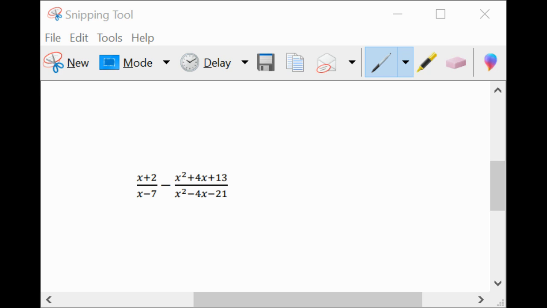So here I go to the next problem. Again, hey, the denominators are exactly the same. That means my fraction is going to have x plus 5 in the denominator. So now let's start combining. There's a couple things that make me nervous about this. I don't like that subtraction sign in between there.